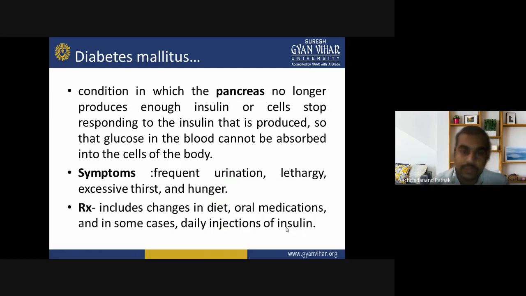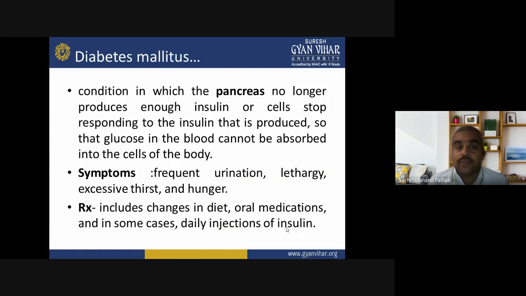That means insulin injection will be needed in those cases. Or if the pancreas is damaged and releases less insulin, we will also need to take the insulin from outside, because there is a deficiency of insulin in our body.